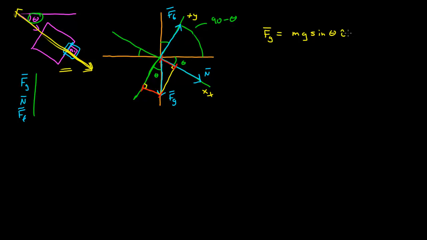And it's i hat, and if this is the origin, it's in the positive x direction. I can also see that from my picture, with this angle being theta, this angle is theta, and so I can calculate again, the length of this side of the triangle is mg sine theta, because the length of my force vector is mg.